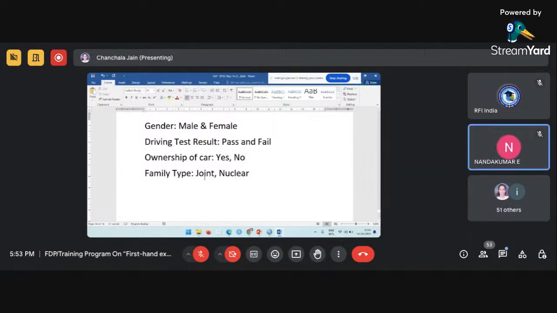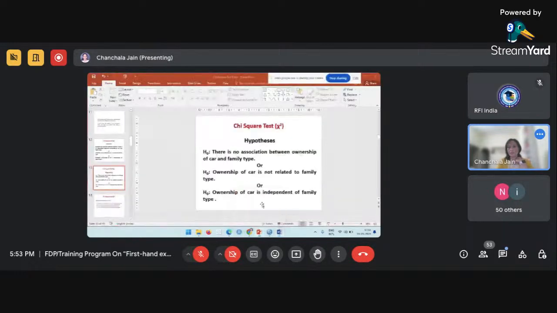If I belong to a joint family, whether I am owning a car or not, yes or no. Similarly, if I belong to a nuclear family, whether I have a car, yes or no. That way, if you want to check the independence of these two categorical variables, you can perform the chi-square independence of attributes test. I hope you are now able to understand this. Is it fine? May I proceed?